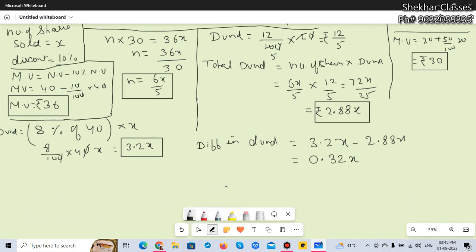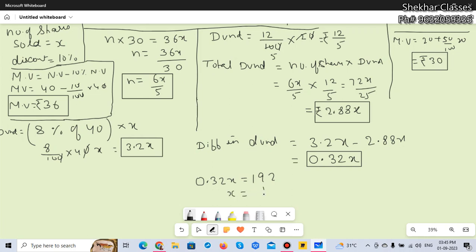So what we have calculated is 0.32x, and that should be equal to 192. So we write here 0.32x is equal to 192.